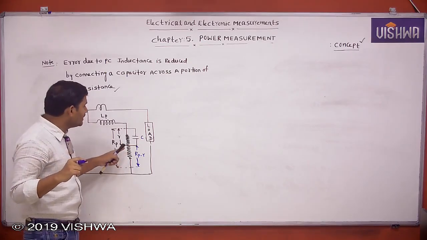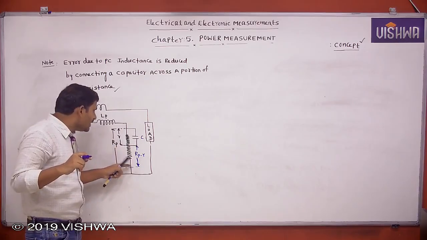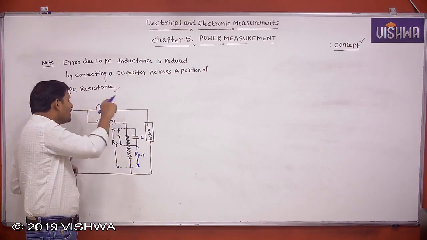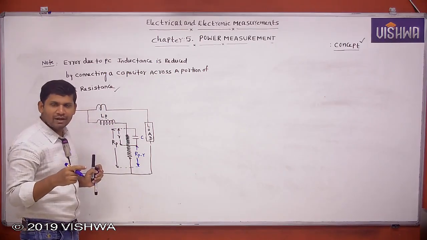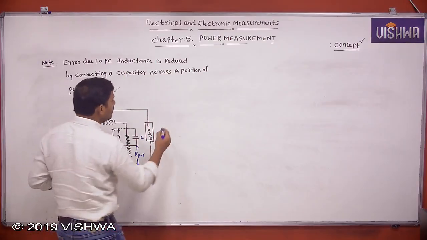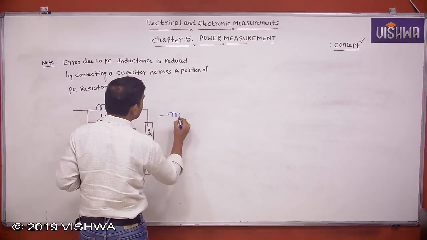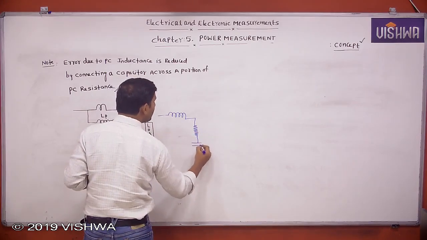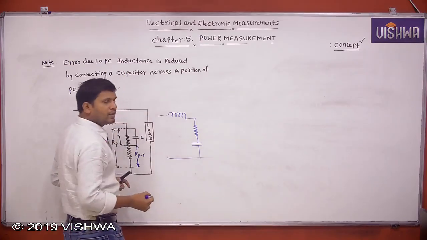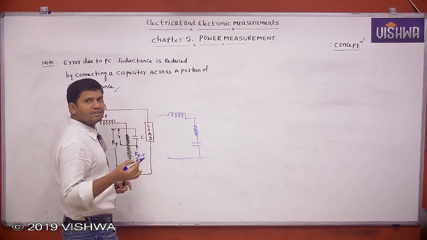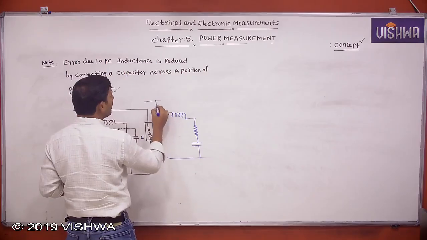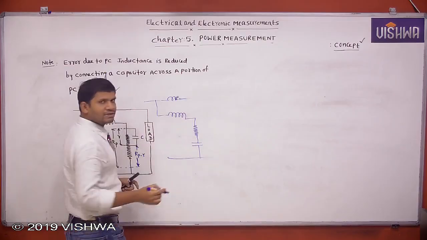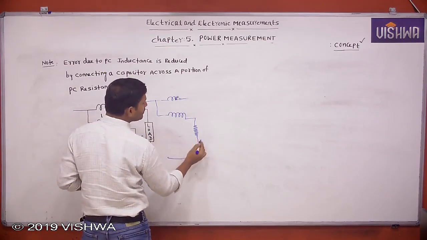If you connect a capacitor in series with the pressure coil resistance, and this wattmeter is used for DC power measurement, then for DC at steady state the capacitor acts as an open circuit.